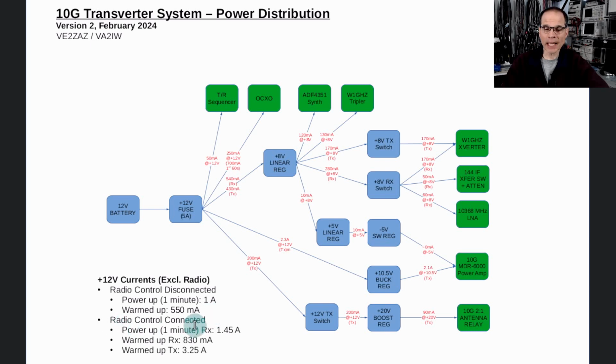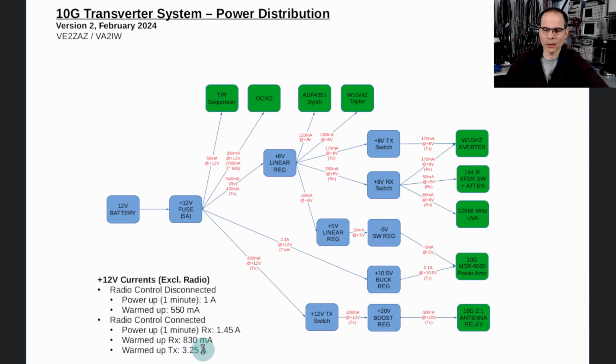When we connect up the radio, the IF radio, to the system, it turns on the receive chain. And again, if we power it up directly with the receive chain turned on, the system will draw 1.45 amps. And then once warmed up, in receive, 830 milliamps, and in transmit, 3.25 amps.